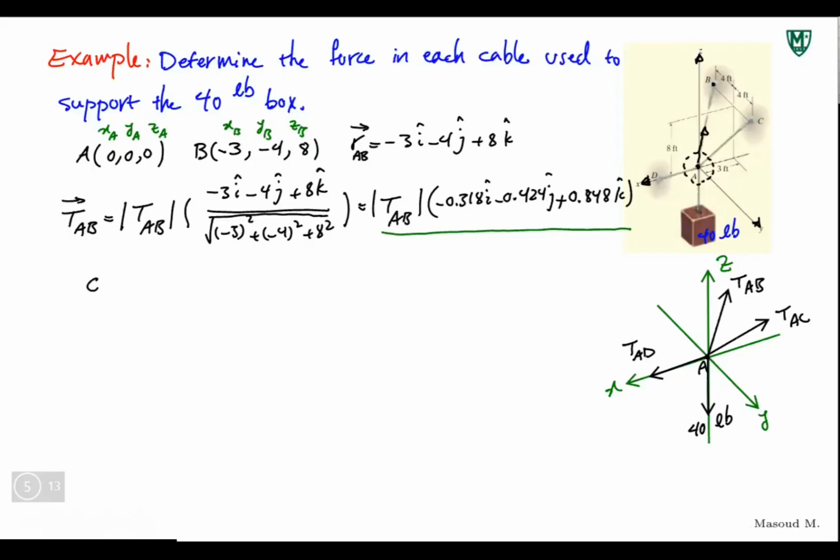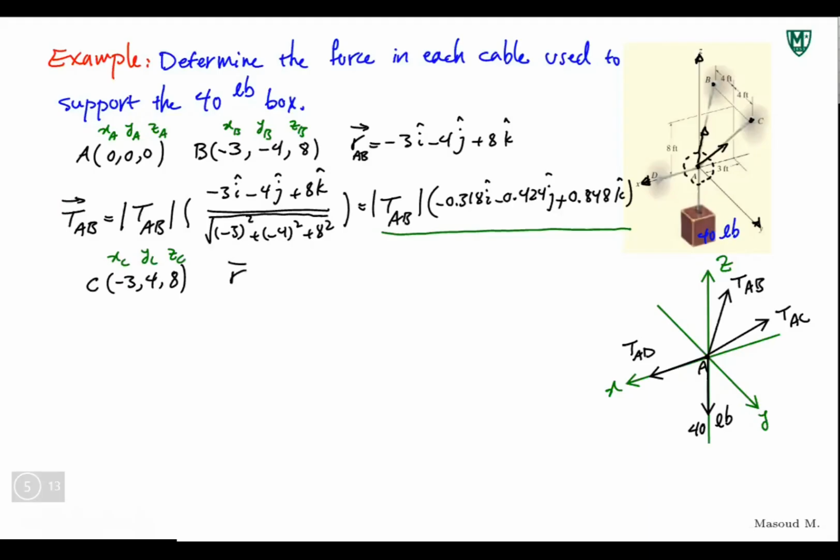What are the coordinates of point C? If you look at point C here, I want to find this vector now, RAC. It starts from A, and A is there. What is the X value? It's minus 3, 4, and 8, right? Now this would be XC, YC, ZC.